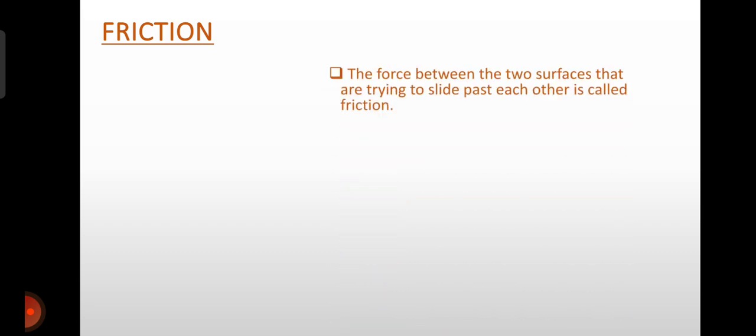Now we will go ahead and study about friction. Friction is a type of force which exerts between two surfaces that are trying to slide past each other. It acts only on moving objects.